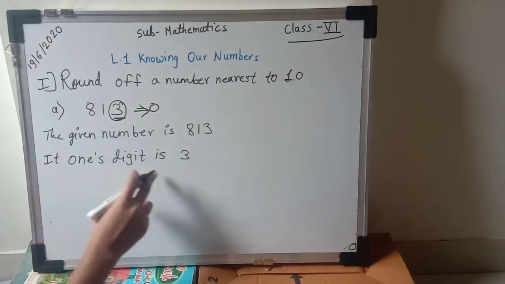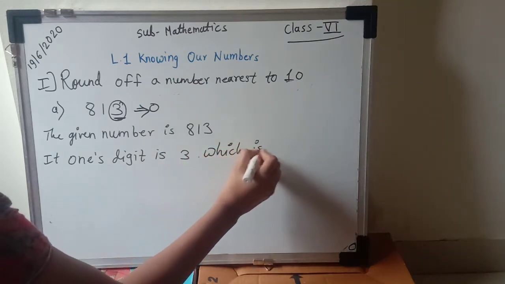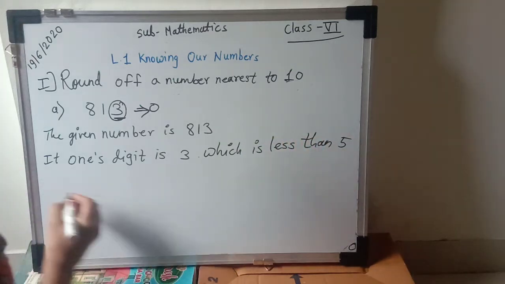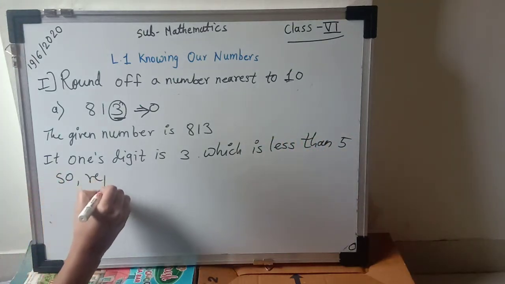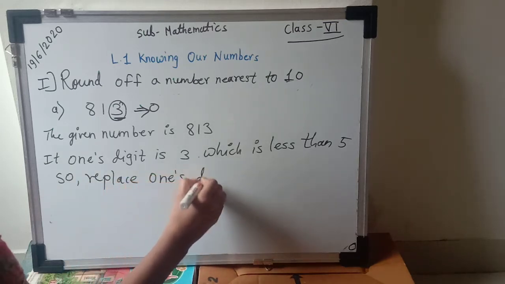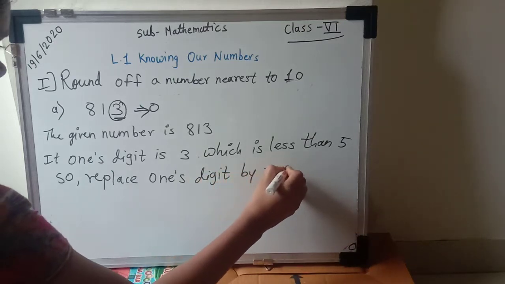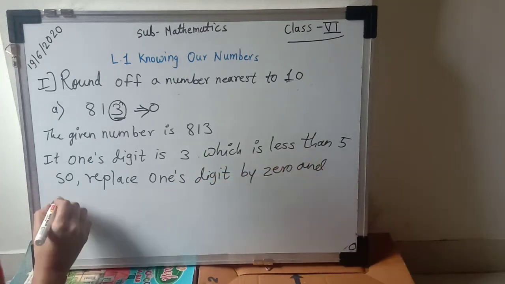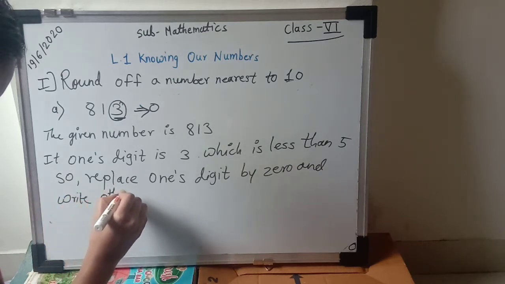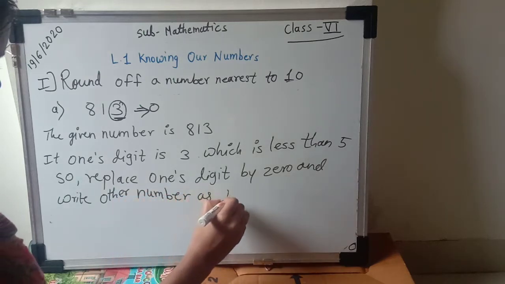So the ones digit here is 3, which is less than 5, so replace the ones digit by 0 and write the other numbers as they are.